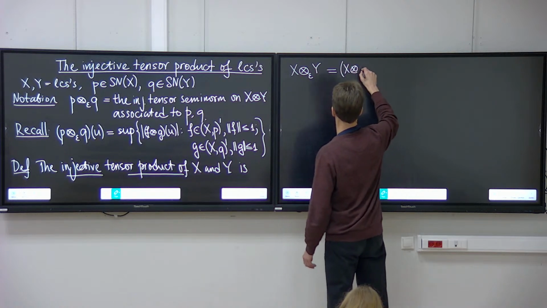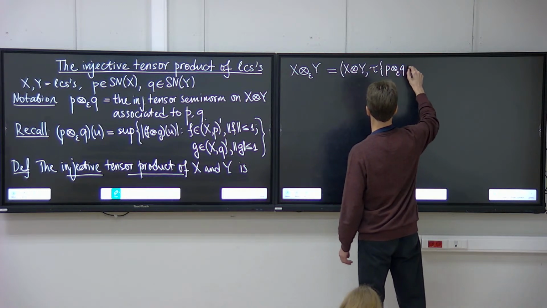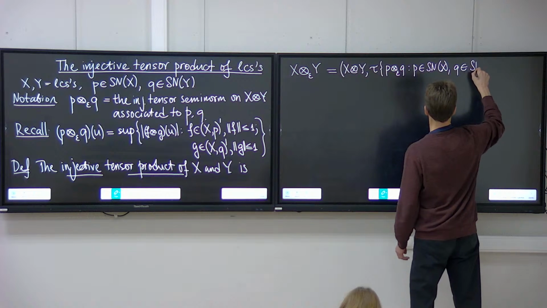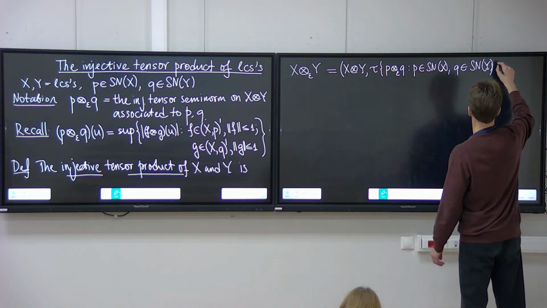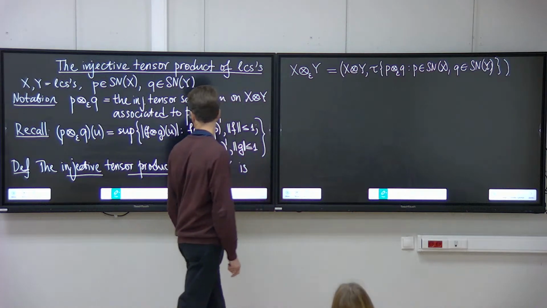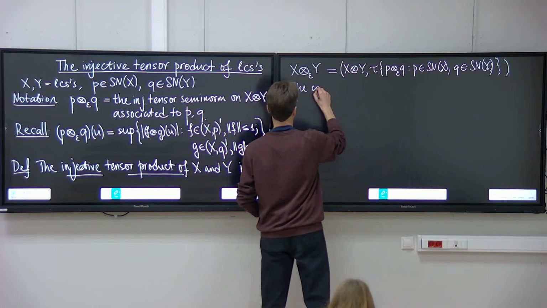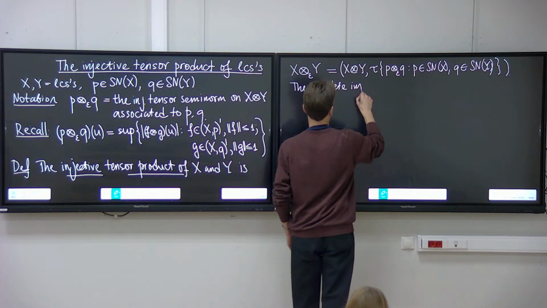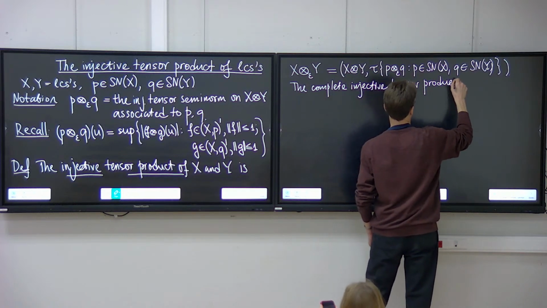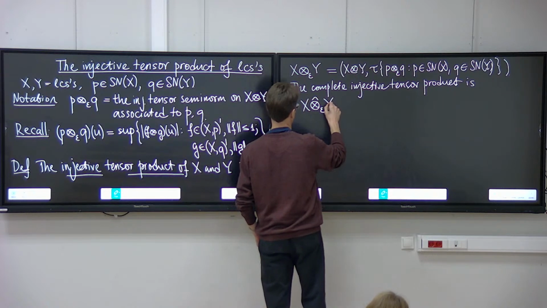The algebraic tensor product together with the topology generated by all such seminorms, P tensor Q, where P runs over the family of all continuous seminorms on X, and Q runs over the family of all continuous seminorms on Y. And the complete injective tensor product is defined to be the completion of this space, and it is denoted by putting a hat over the tensor product sign.